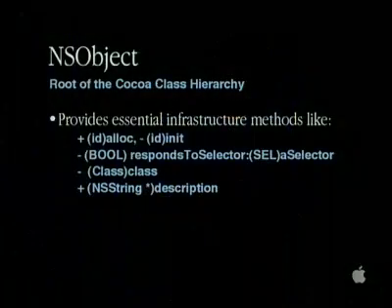Alloc allocates memory for a new instance of an object at runtime, while init initializes that object to default values. In your subclasses, typically you won't override alloc, but you will either override init, write a more complex initializer like init with foobar, or both. Typically, the initializer that takes the most parameters is what's known as the default initializer.